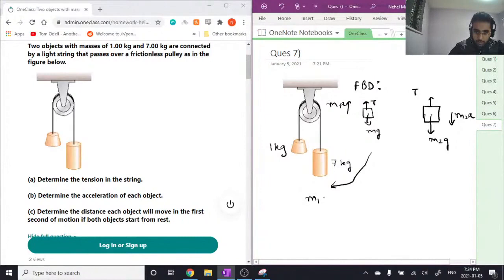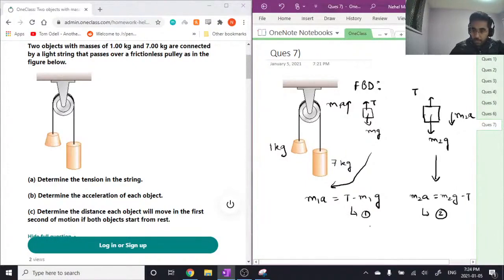From this we can write the equations of motion. M1A equals T minus M1G, and for the second block, M2A equals M2G minus T. Let's call these equation 1 and equation 2.